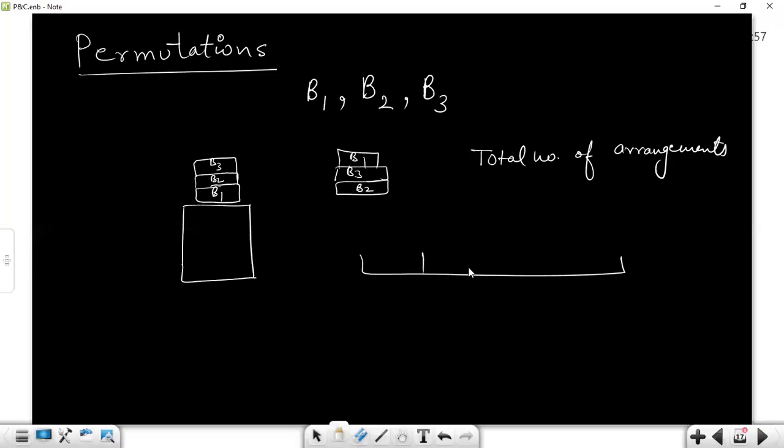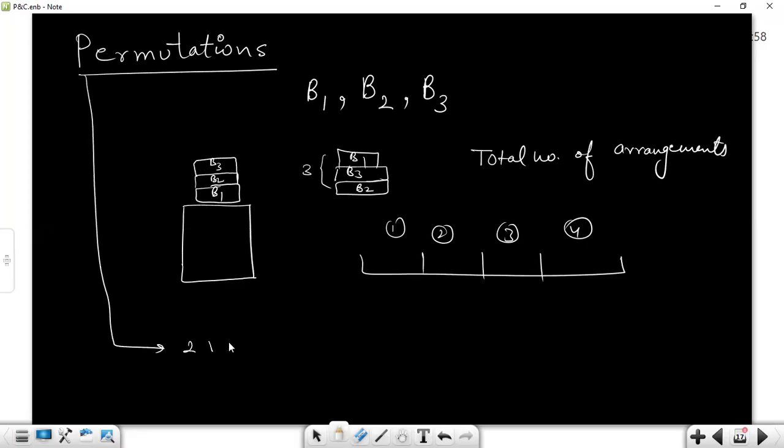Instead of 3, let's say there are 4 spaces, and you have 3 books. So the spaces for the books are 4, and the elements that need to be arranged are 3. So there are 2 variables here, right?